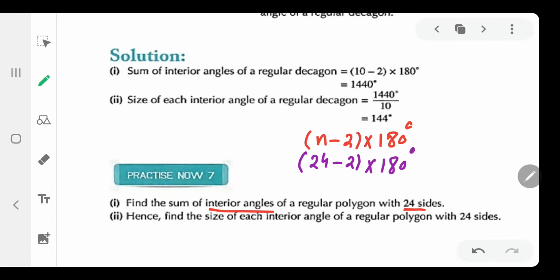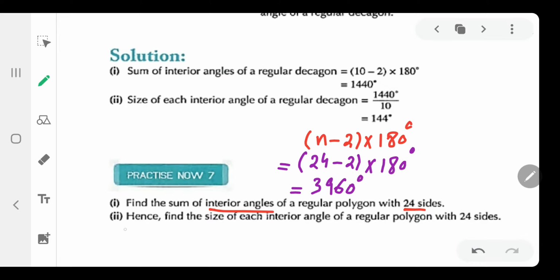What will be the sum of interior angles? 22 multiplied by 180, which gives us the result 3960 degrees. This is the sum of interior angles of a polygon with 24 sides.